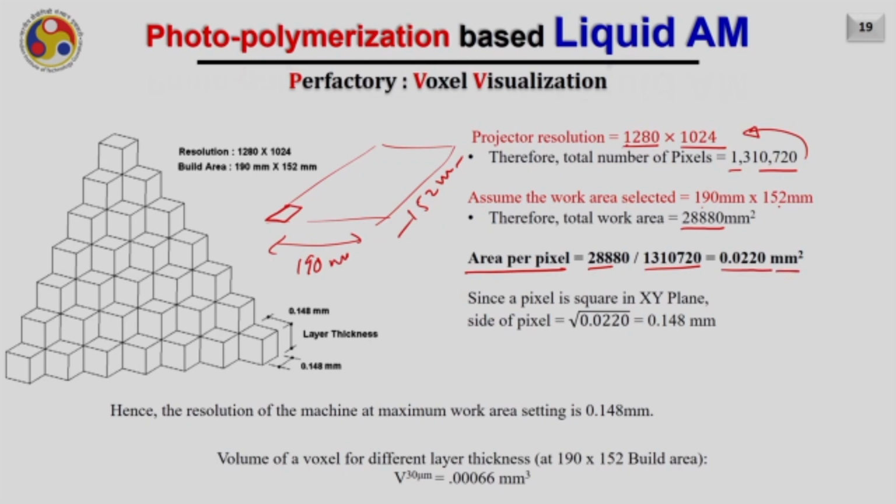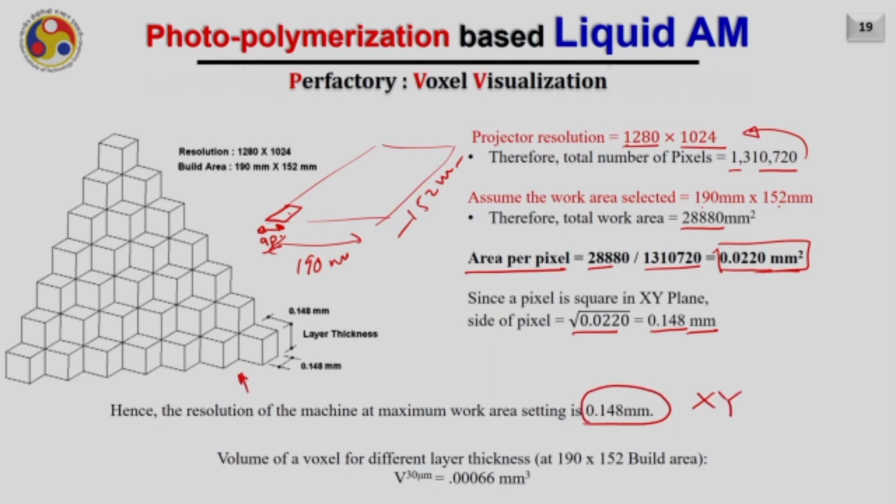As each pixel which is scanned here is a square, we can easily find the side of this, that is AP, and it will be nothing but the root of this value. Hence the side of the voxel or the projected pixel will be 0.148 mm. Hence, the resolution of the machine at maximum work area setting is going to be 0.14 mm in the XY plane.